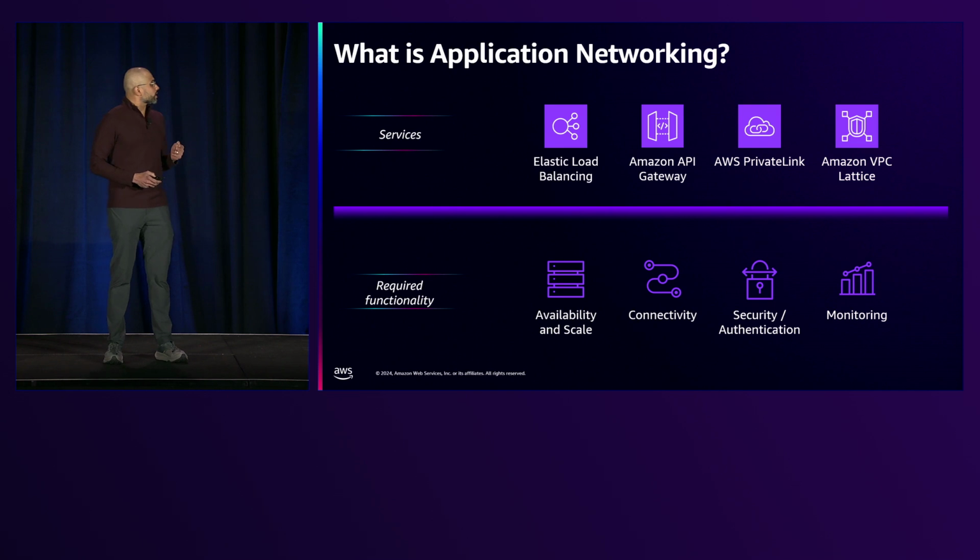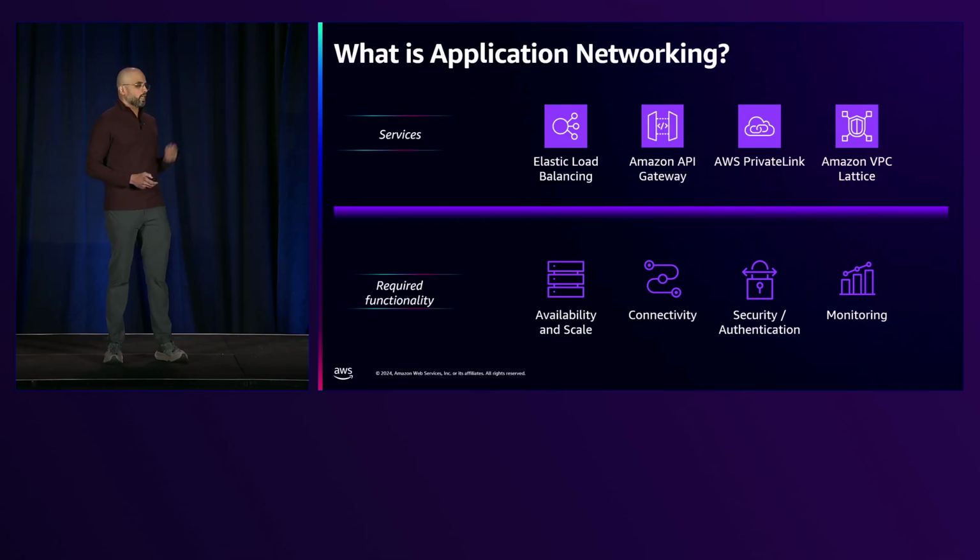Today, the main services in AWS's portfolio that cover this topic are Elastic Load Balancing, API Gateway, AWS PrivateLink, and Amazon VPC Lattice. The thread that connects these four services together is their required functionality. Availability and scale, for example, is a fundamental feature of all fully managed services in AWS.